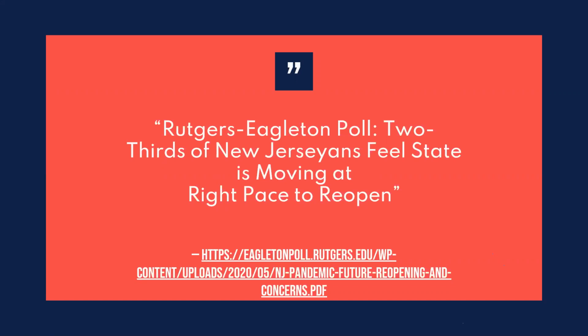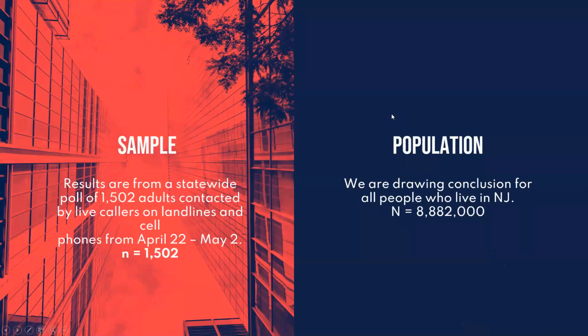The 2/3 of New Jerseyans did feel this way. What she did was she took a sample of roughly 1,500 adults. So you can see that's her sample size. And she's drawing conclusions about everybody who lives in New Jersey, and this is the rough population size of New Jersey.